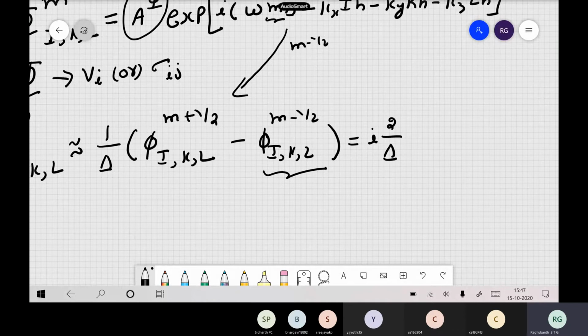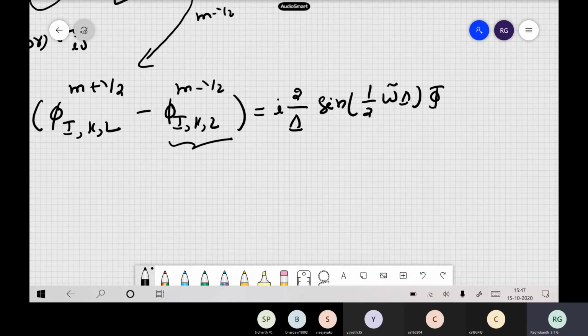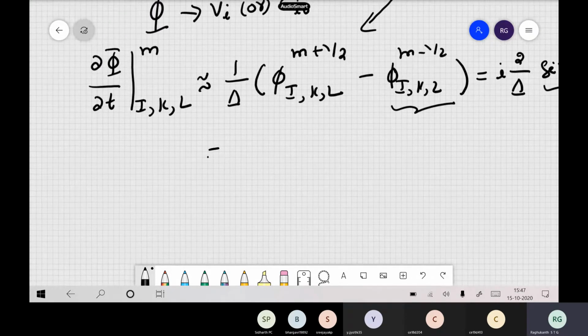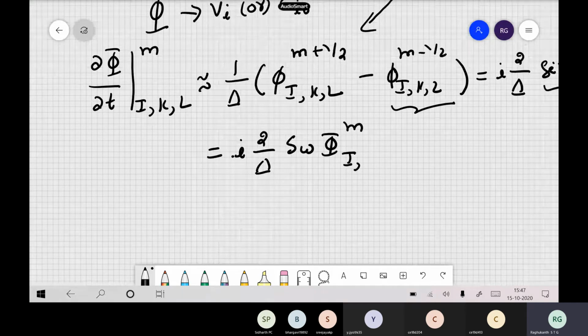So you can write this expression as sine half omega hat into delta, and once again φ m I K L. So if I denote this as some S of omega, I can write this expression as i into 2 by delta S(ω) φ m I K L. So this is my first derivative with respect to time.